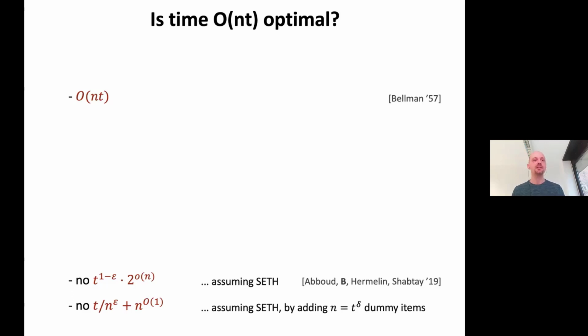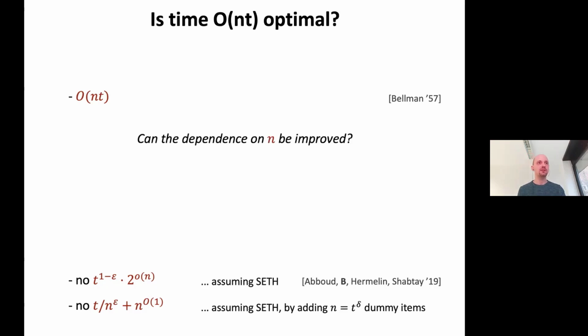This is basically just by adding enough dummy items so that the running time of the second form would imply a running time of the first form. So we can neither shave off t to the epsilon nor n to the epsilon. So nt is really the right running time we should hope for.